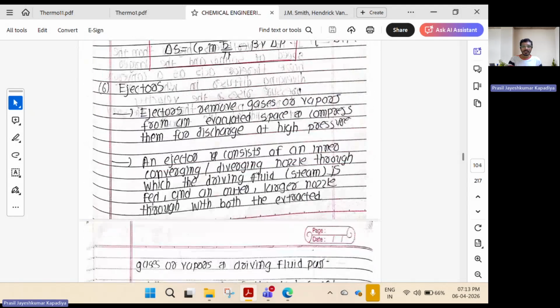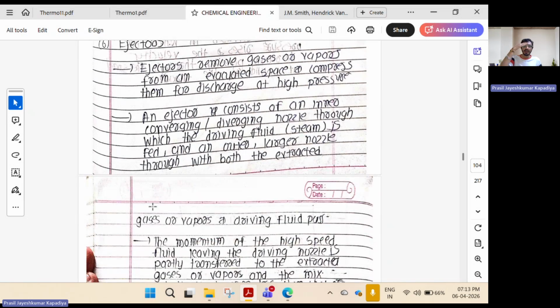What is the use of an ejector? Ejectors remove gases or vapors from an evacuated space and compress them for discharge at a high pressure. So where it is required, it transfers them at high pressure.